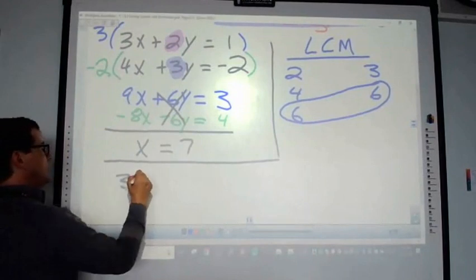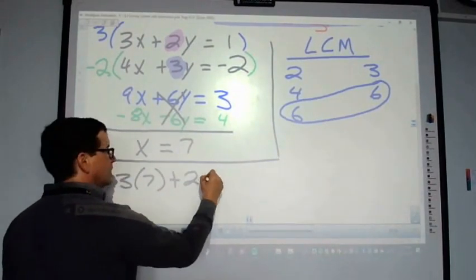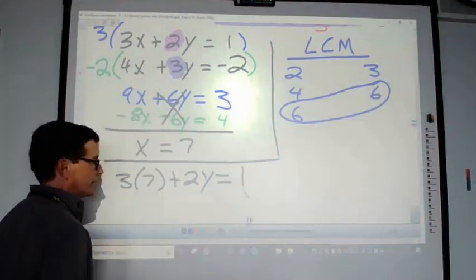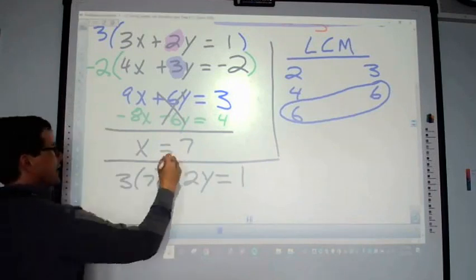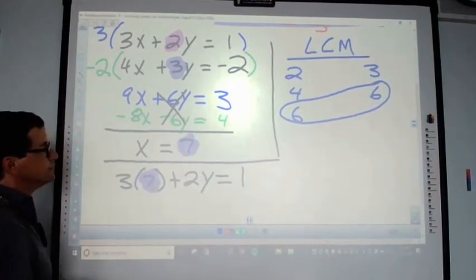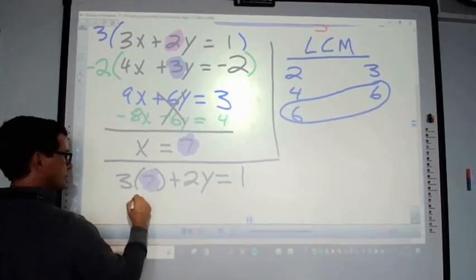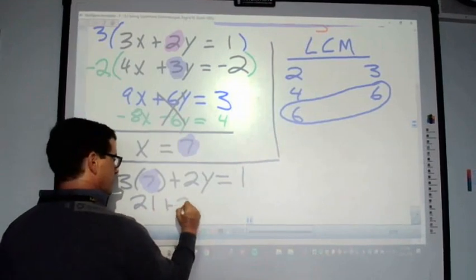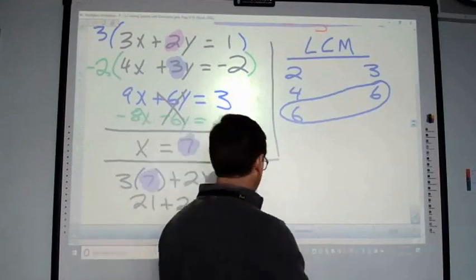So we have 3 times the quantity 7 plus 2y equals 1. So where did that 7 come from? It came from right here. So 3 times 7 is 21 plus 2y equals 1.